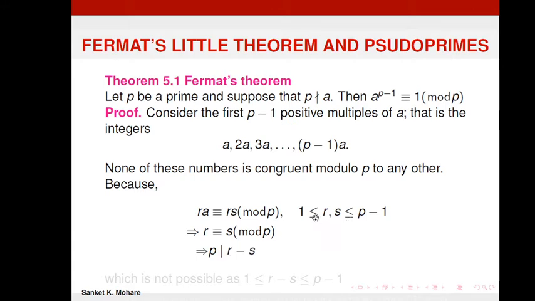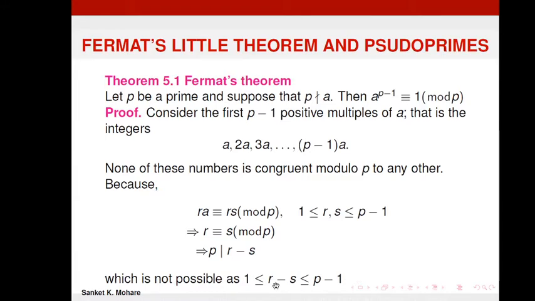Okay, so as r and s lie between 1 and p minus 1, their difference also lies between 1 and p minus 1. So p does not divide r minus s, as p is greater than r minus s in this case. Why? Because the difference r minus s lies between 1 and p minus 1, and p is greater than p minus 1.